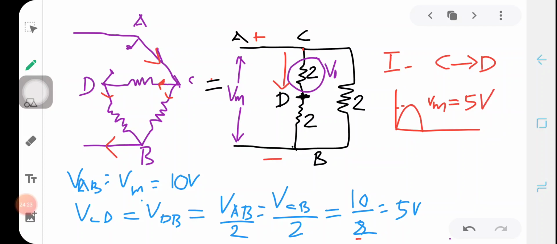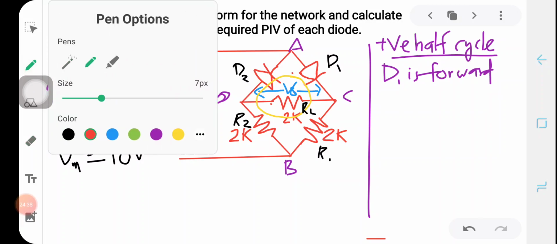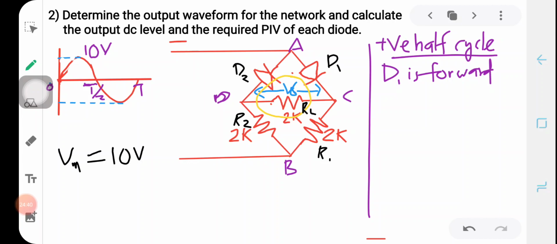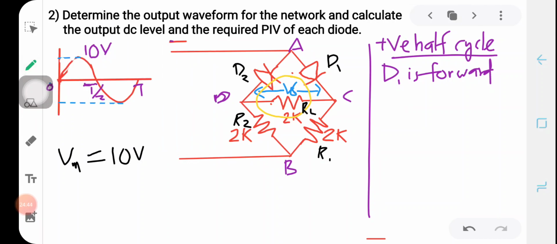Keep this in mind. And now we are going to analyze the circuit during the negative half cycle. So when it is during the negative half cycle, this end A is negative, B is positive.